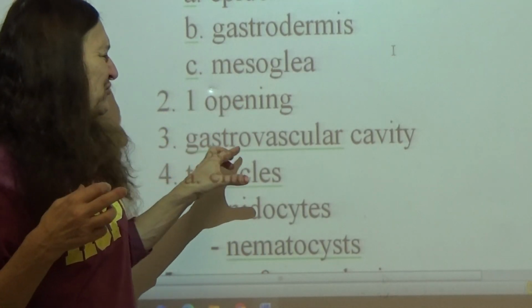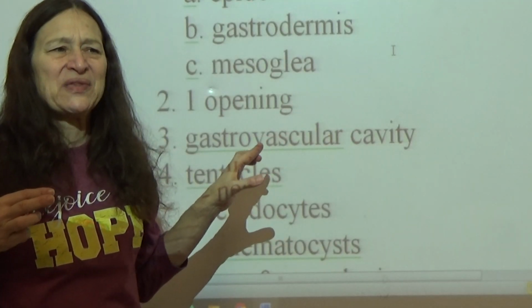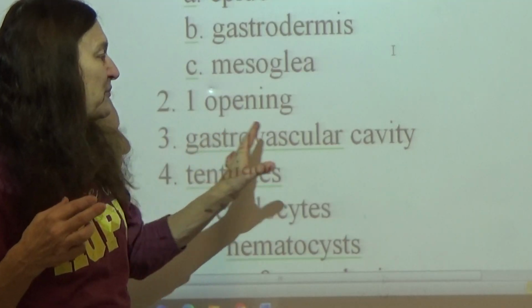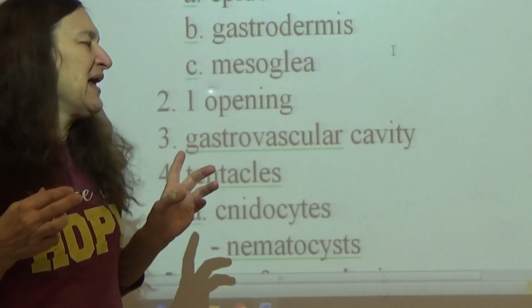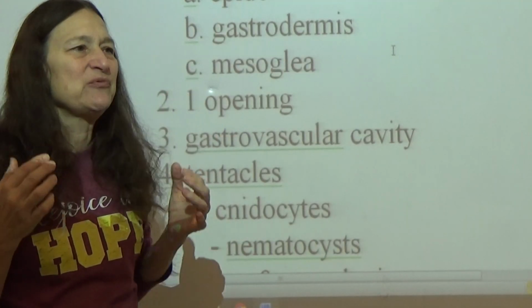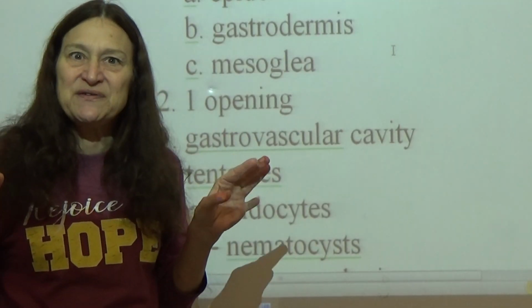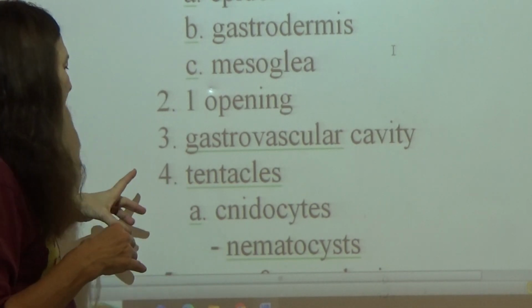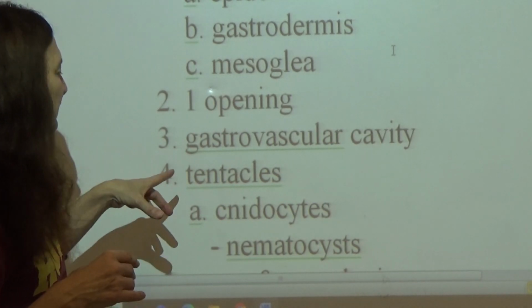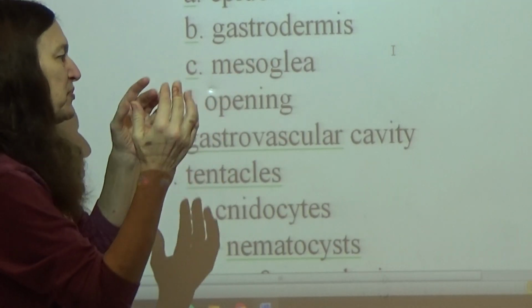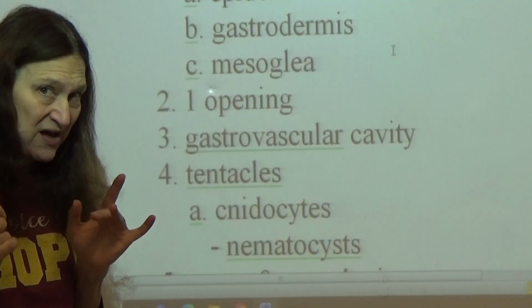But gastrovascular, like a stomach. So stomach. And I tend to think of these guys, just as a fun way to remember them, as like little floating stomachs out there. They have tentacles surrounding the opening into the gastrovascular cavity.